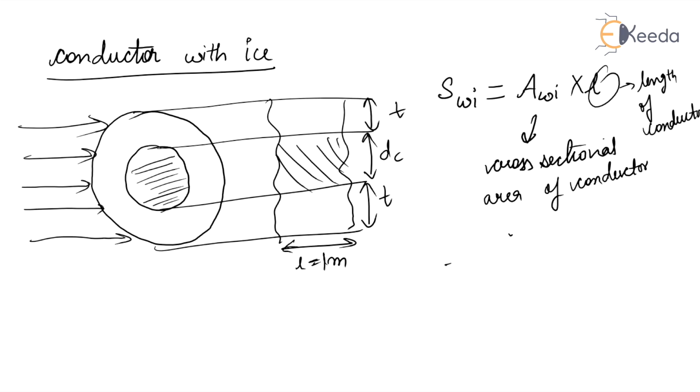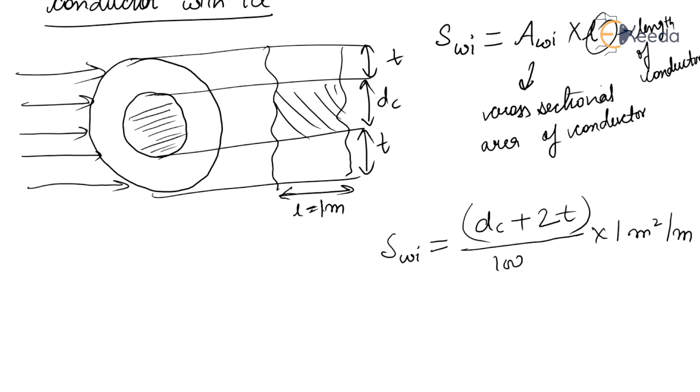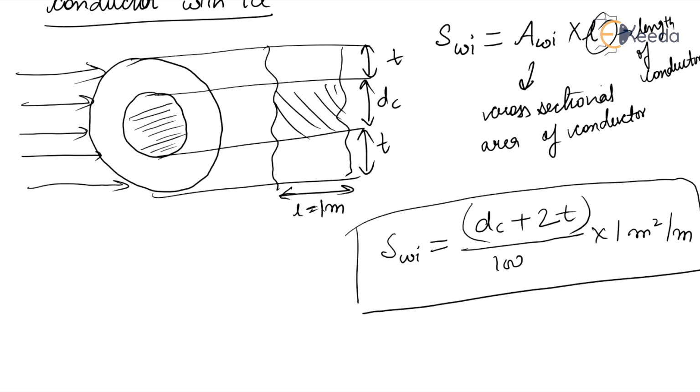So this is equal to (DC plus 2T), which is in centimeter, and we have to convert it into meter, upon 100, into 1. SWI is equal to (DC plus 2T) upon 100, because it is in centimeter we convert it into meter, into 1 meter length, meter square per meter with ice. Projected area per meter length of the conductor with ice.